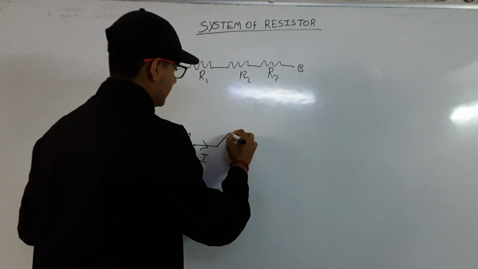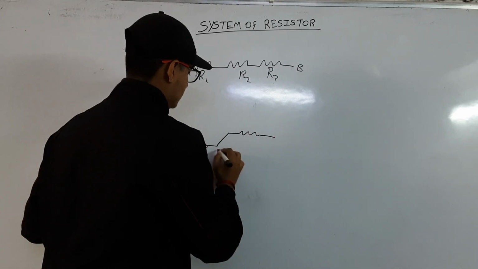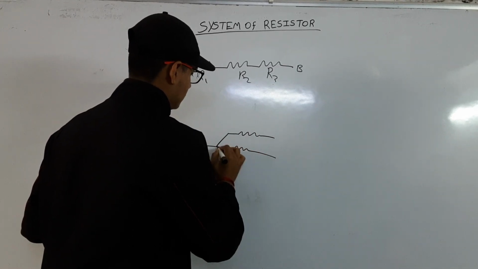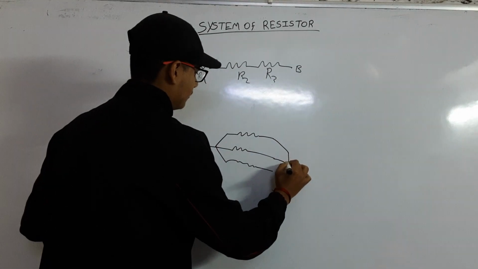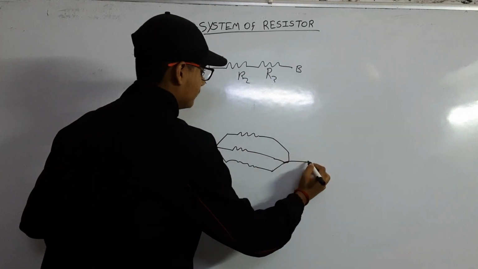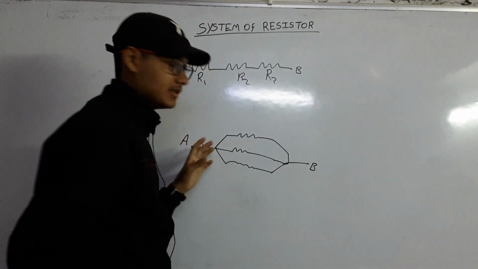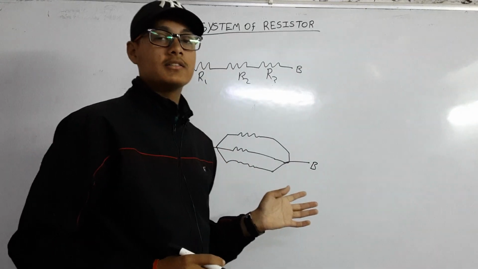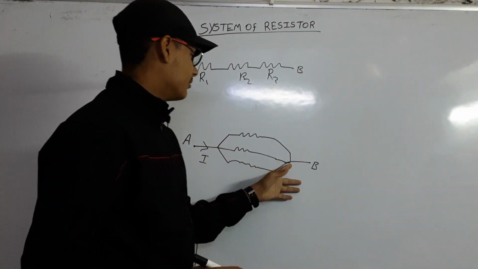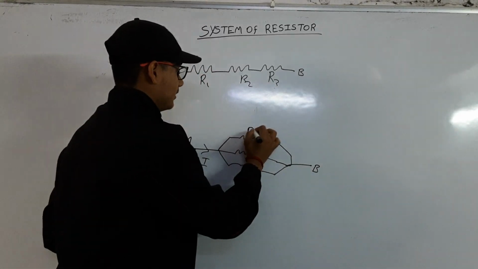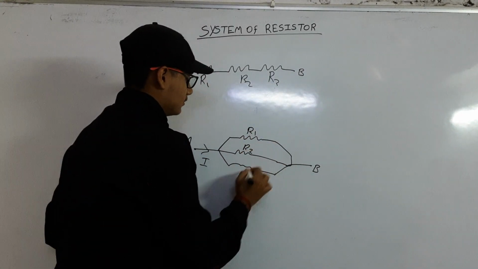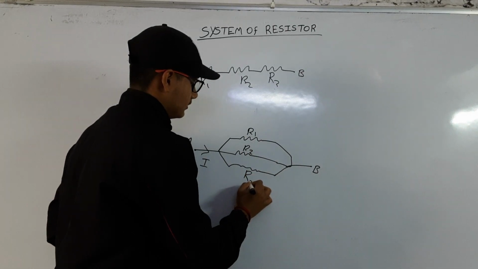So this is a system of parallel resistor where resistors divide from a circuit and then again combine at a point. Okay, so we can name them R1, R2 and R3.